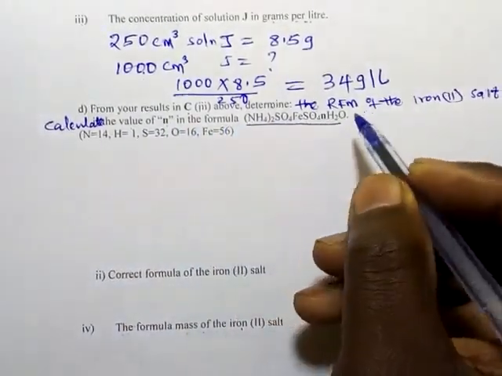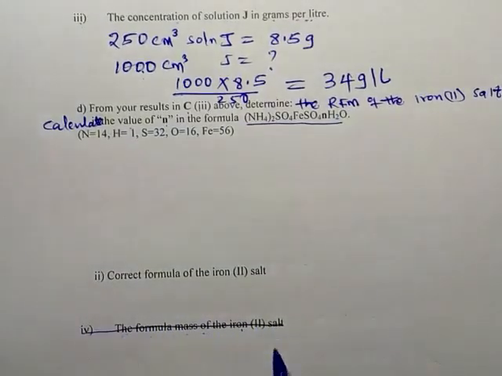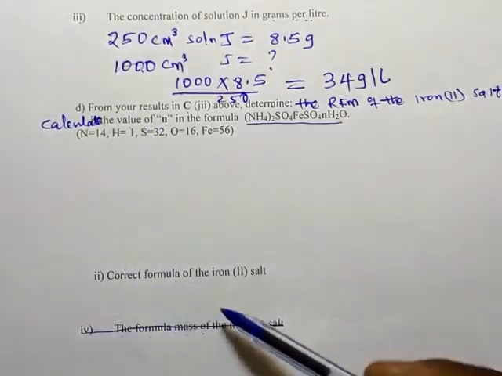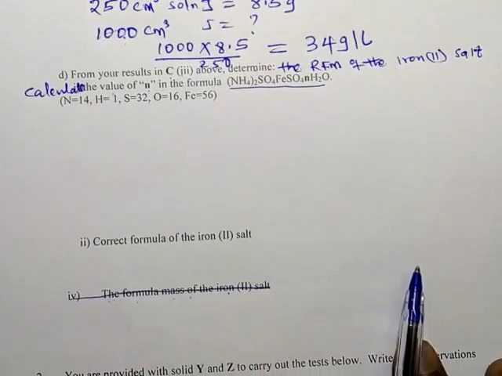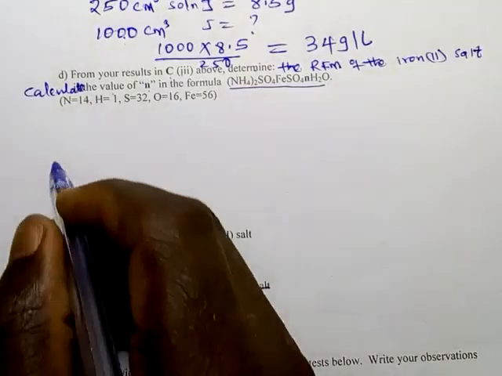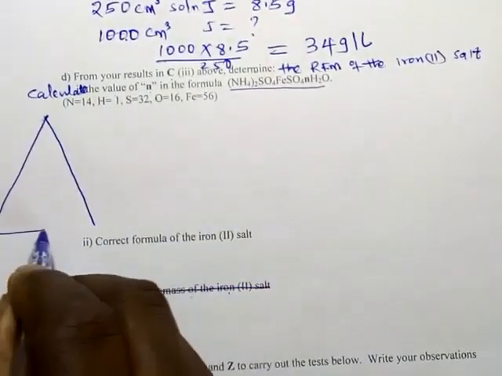This question is misplaced; the formula mass, which is the RFM, was supposed to come before this one. So first we calculate the RFM. Let us see how to calculate the RFM. There is always this triangle I will always give you.